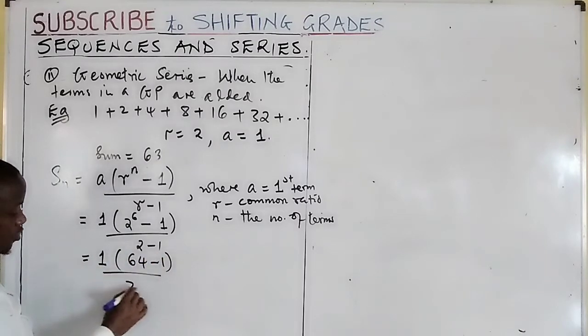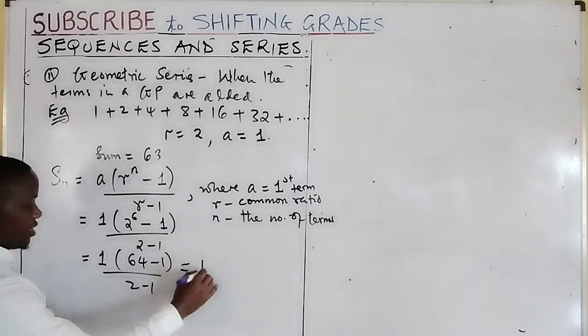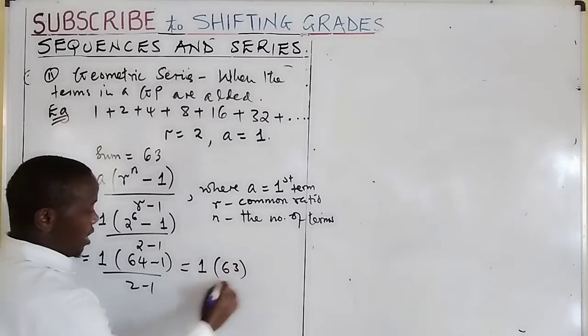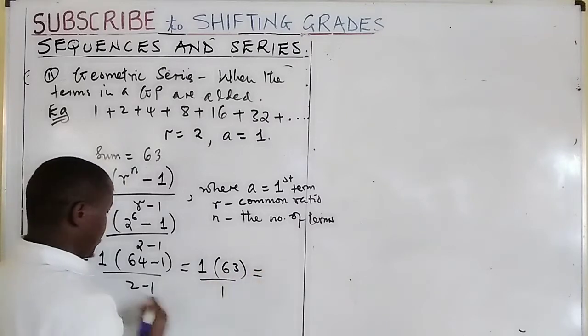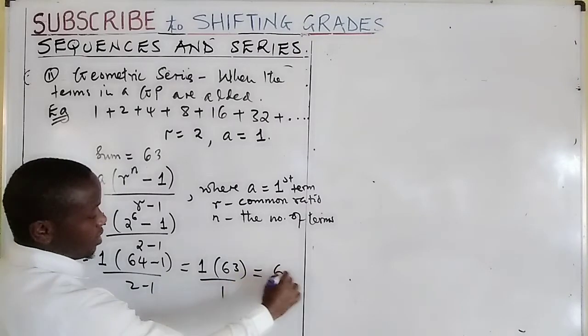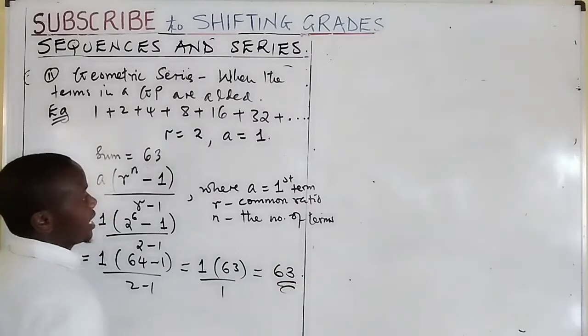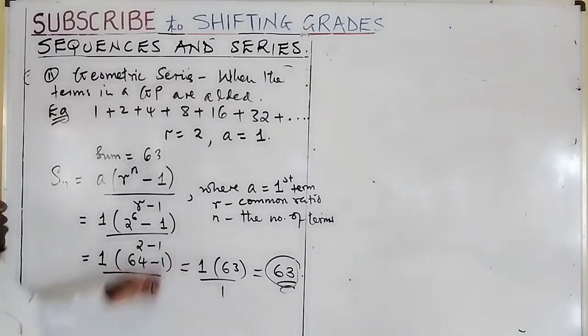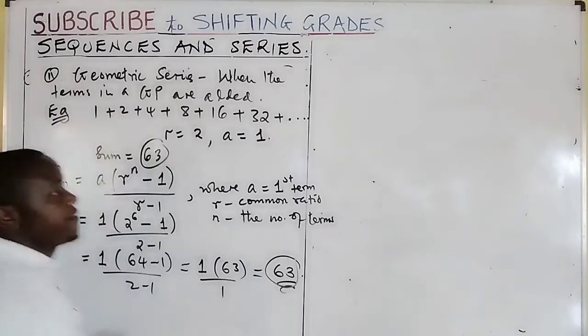Then we divide by 2 minus 1. This will give us 1 multiplied by 63, divided by 1 because 2 minus 1 is 1. Therefore, we will get 63 as the answer. Getting 63 is giving us the same value as we got after adding them manually.